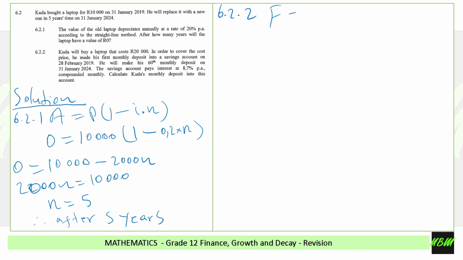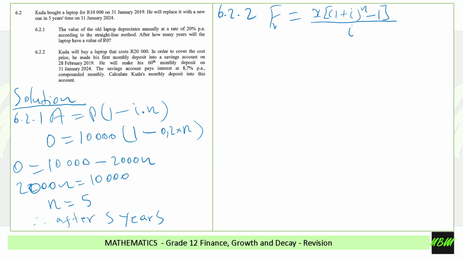Therefore our formula FV equals x multiplied by ((1 plus i) to the power n minus 1), all divided by i, where FV is our future value amount, x a regular deposit, i the percentage as a decimal, and n the number of deposits.